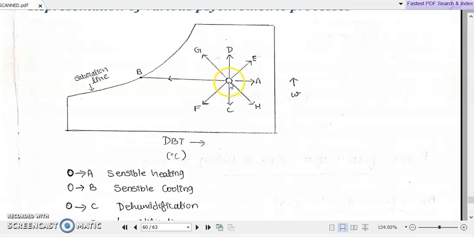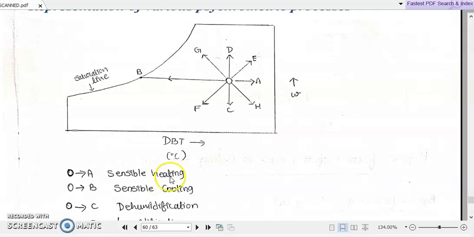But there is only a change, an increase, in the dry bulb temperature. So it means only heating is happening in that psychrometric process. So the line O to A represents sensible heating. Sensible heating means there is no phase change and no humidity change.